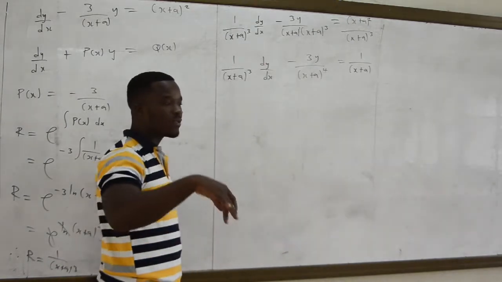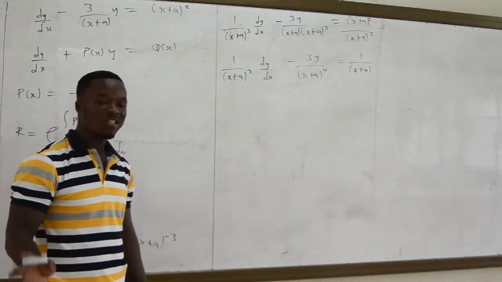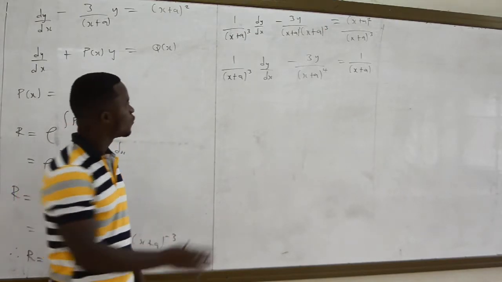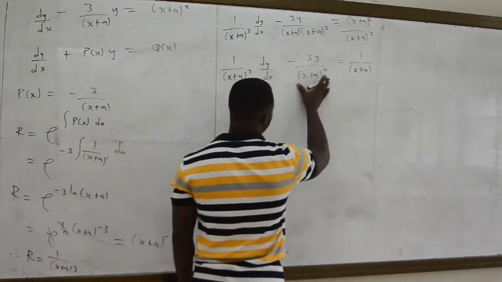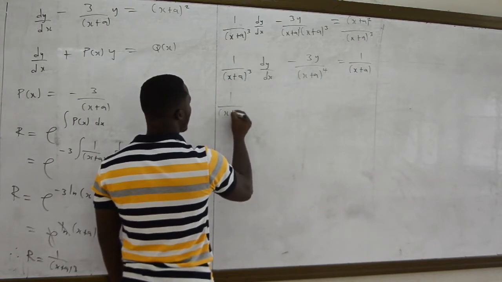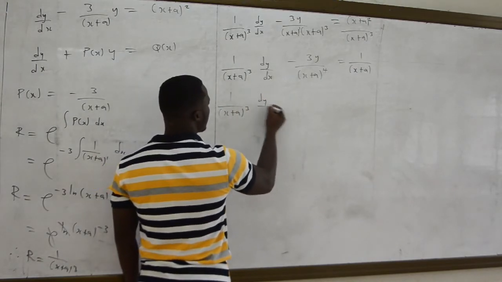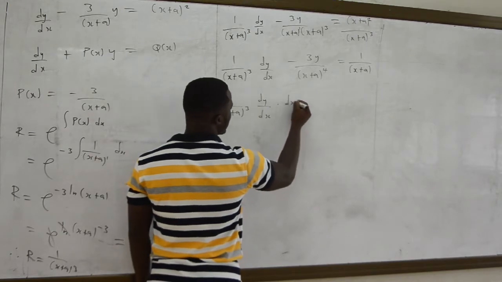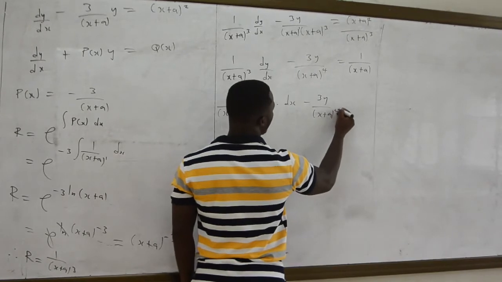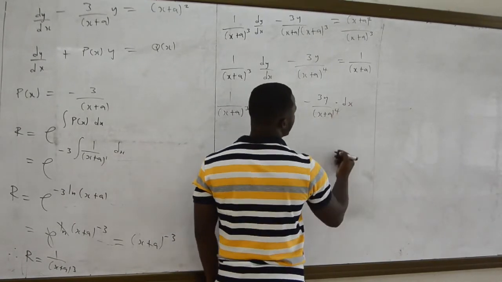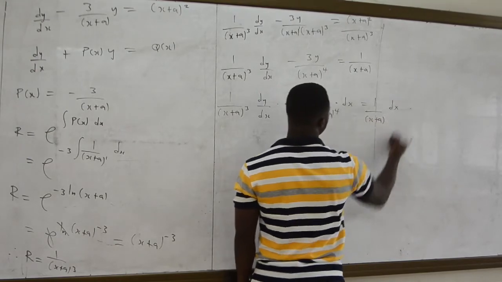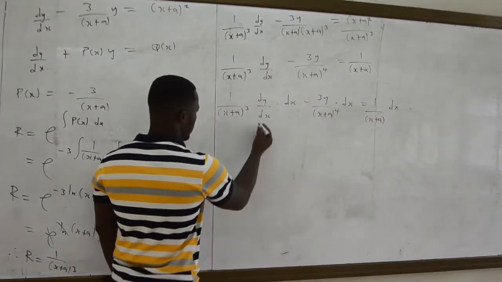The next step in linear first order, after multiplying by your integrating factor r, is to multiply the whole equation by what? dx. So multiply this one by dx, multiply this one by dx, multiply this one by dx. We have 1 over x plus a taking the power of 3 dy dx dot dx minus 3y x plus a taking the power of 4 multiplied by dx is equal to 1 over x plus a multiplied by dx.